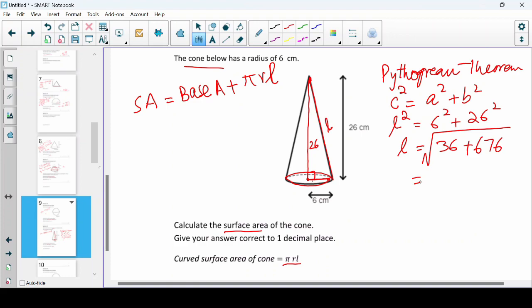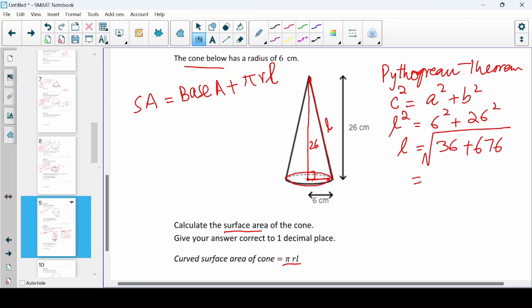Our answer is 712, and we take the square root: 26.68, so 26.7.